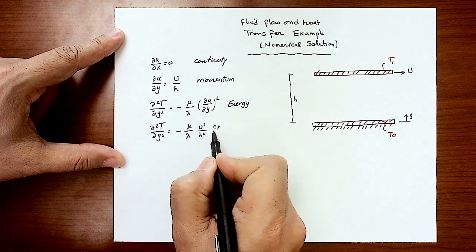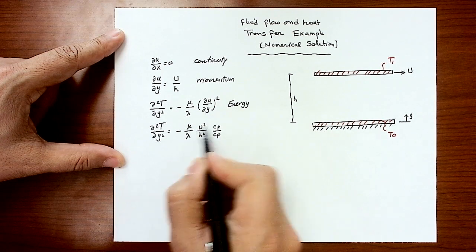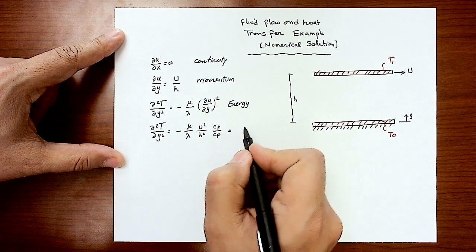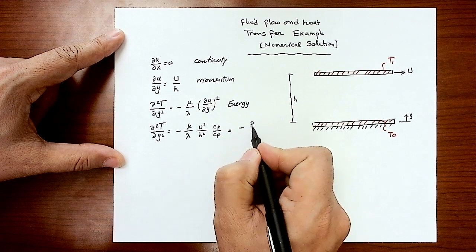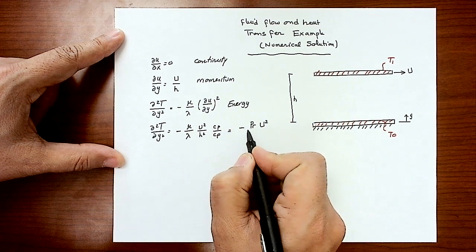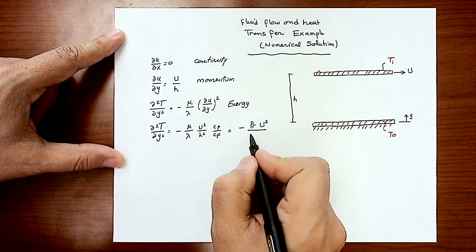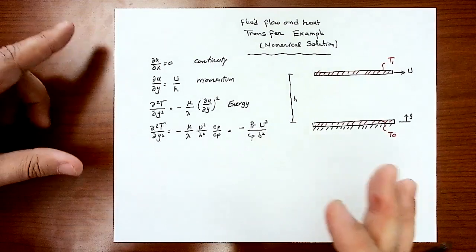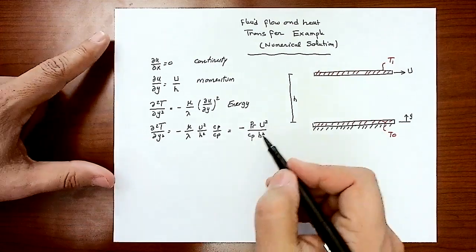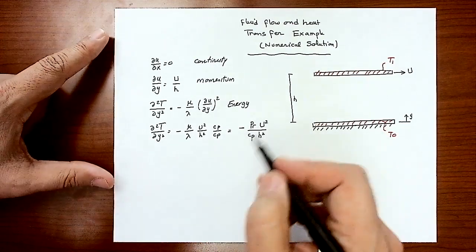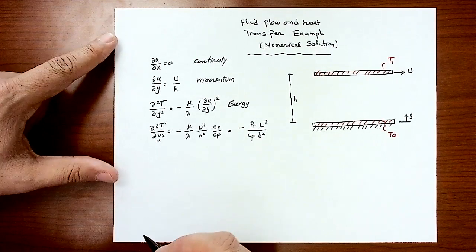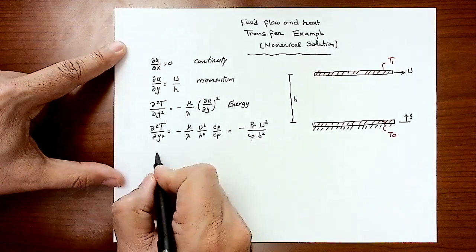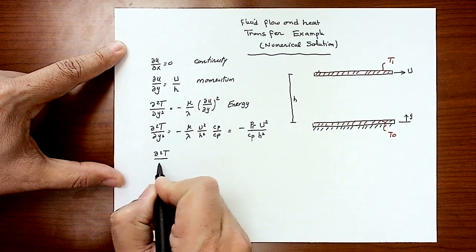We multiplied by Cp and divided by Cp, the mu Cp over k, that's the Prandtl number. So that's going to be minus Prandtl number u square over Cp h square. I just tried to make everything in a compact form. And this is totally a constant here, right? So that's a constant value. So now I end up having this governing equation.